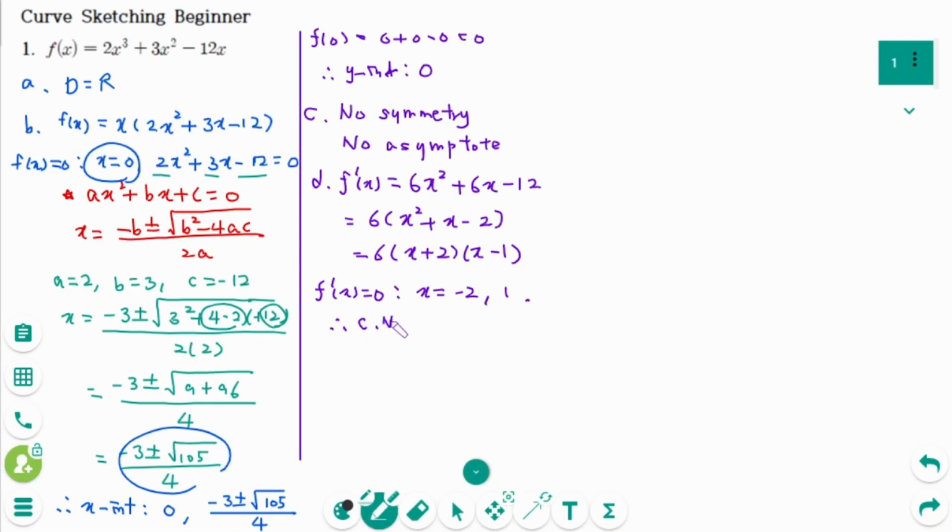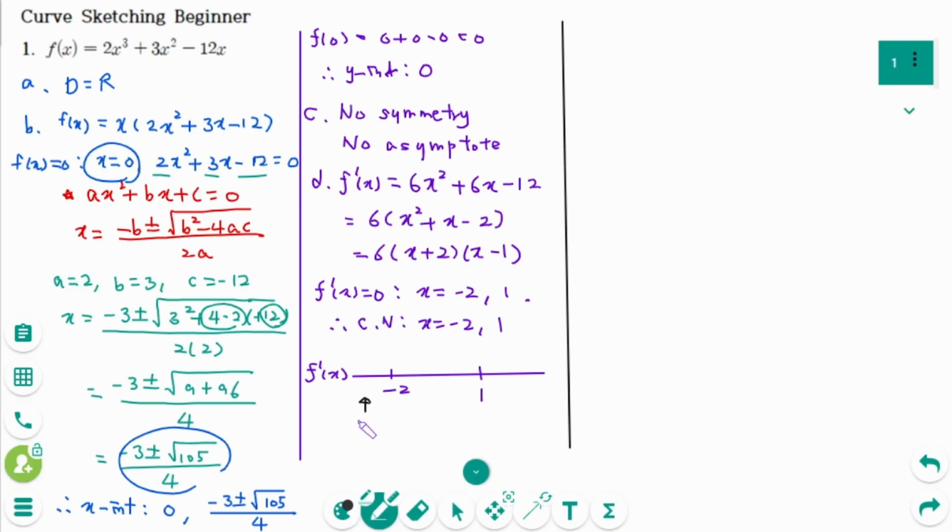So critical numbers are x equals minus 2 and 1. The number line is here, minus 2 and 1, f prime of x. When the testing number is minus 3, use this. F prime of minus 3 equals 6 times minus 3 plus 2 times minus 3 minus 1 equals 24, which is positive.